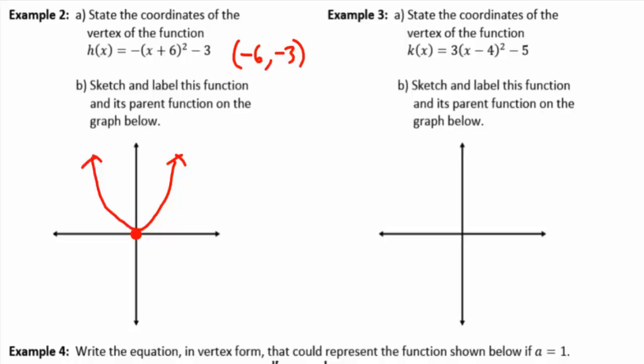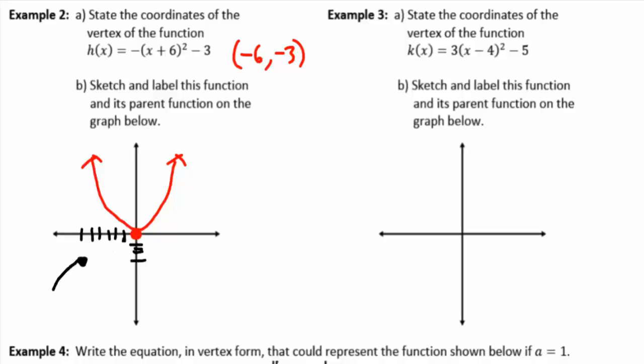Negative 6, negative 3 is my shift now, or my new vertex. So it's 6 to the left and 3 down. There's my new one, and because it's negative, it opens downward.